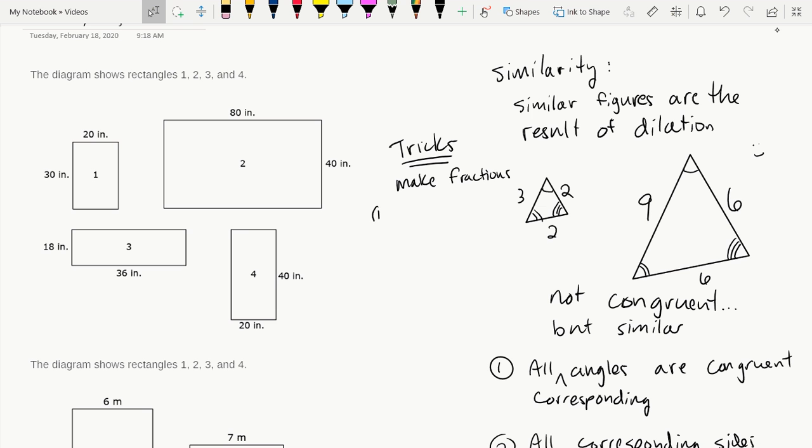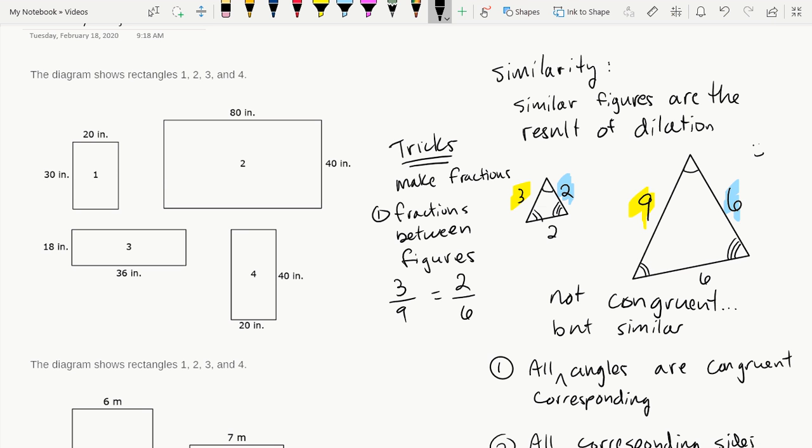The first trick is fractions between figures. I'm going to match up corresponding sides. I know that 3 matches up with 9, so I'm going to make a fraction out of that: 3/9. I also know that 2 matches up with 6, so that's 2/6.